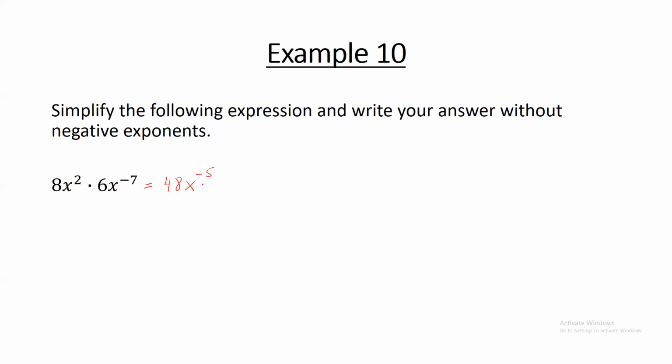So that's 48 x to the negative 5th power. And now we shouldn't write our answer with a negative exponent. So we will take the x to the negative 5 and move it into the denominator, right? Remember that you can think of a 1 being in the denominator. And so you have 48 over x to the positive 5. And there we go.